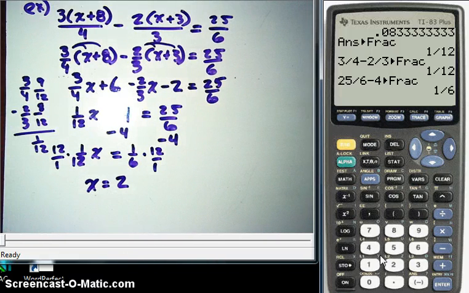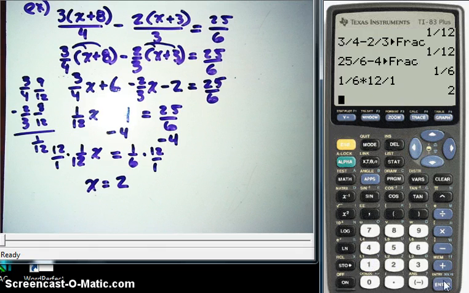And again, you could get it either way by saying 1/6 times 12, and there's no real reason to write 12 over 1, but we'll just do it. Enter, gives me my answer.